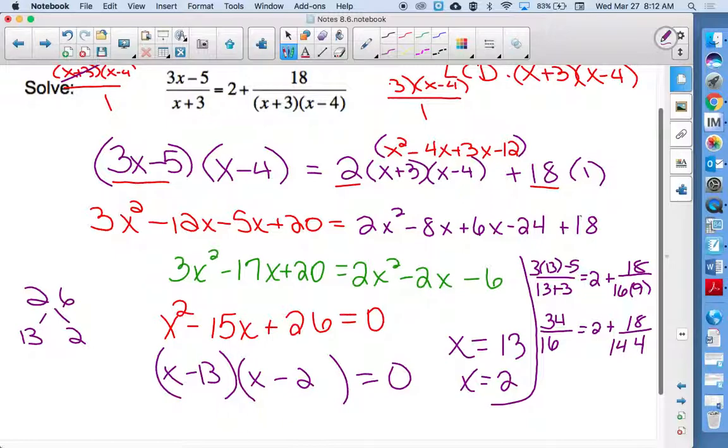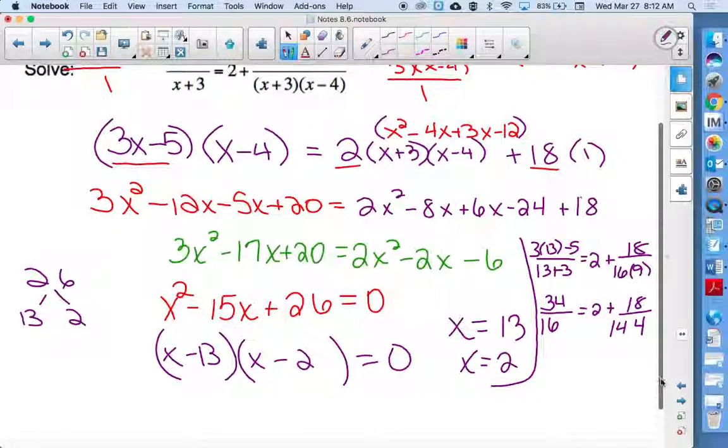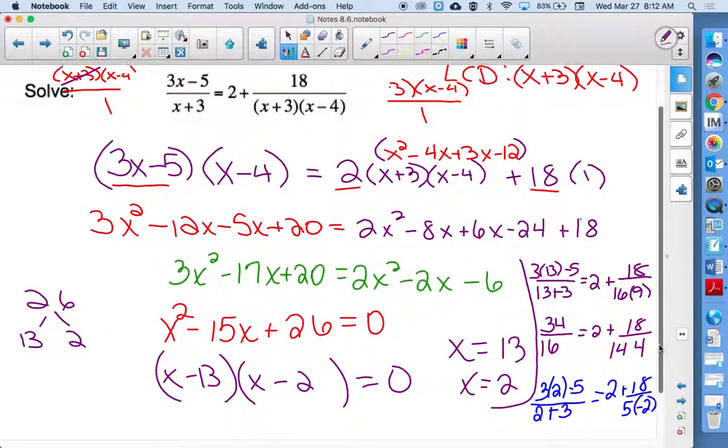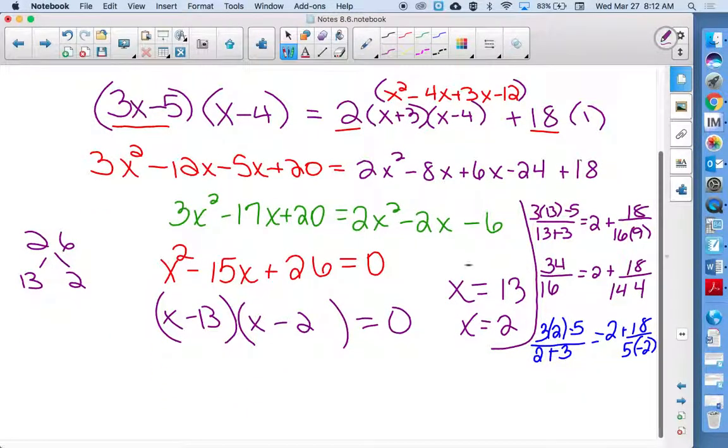So make sure that one is correct when you're looking at those two fractions. Make sure they're correct. And then do the same thing when you plug in a 2. Just check to make sure that they are good.